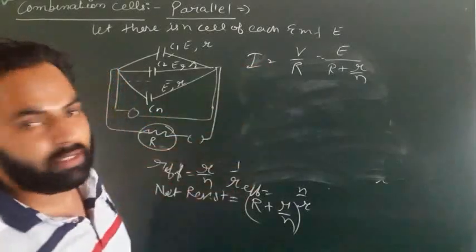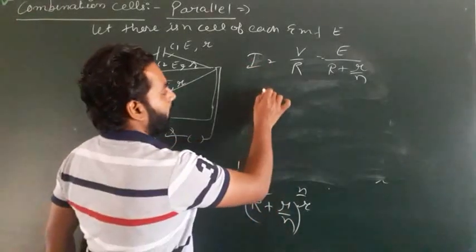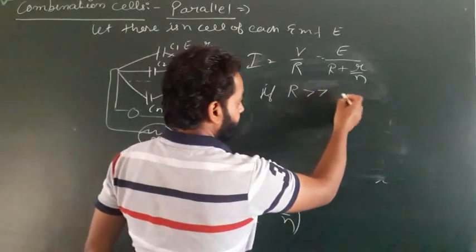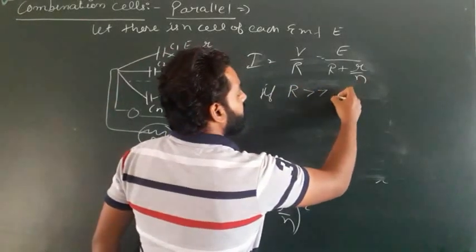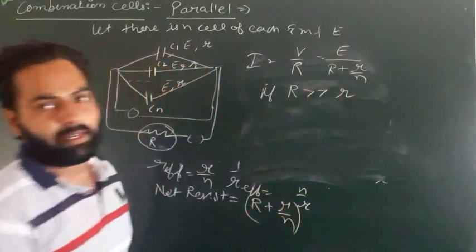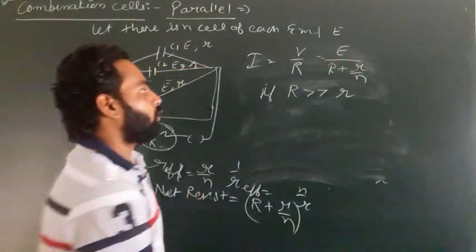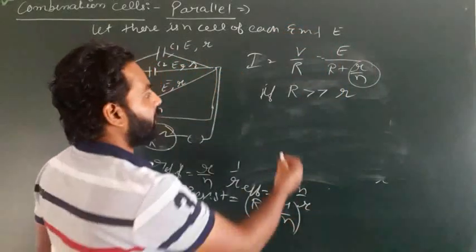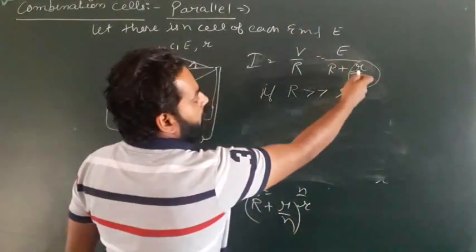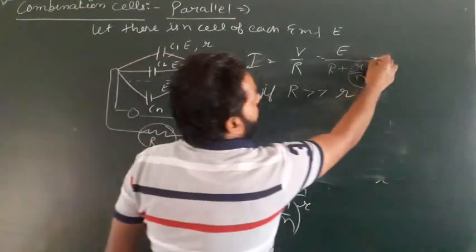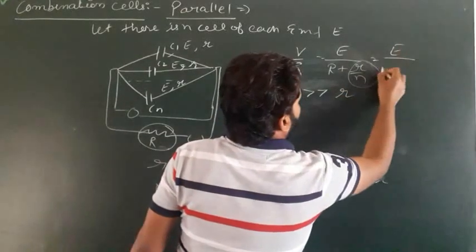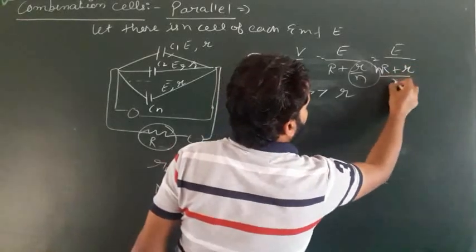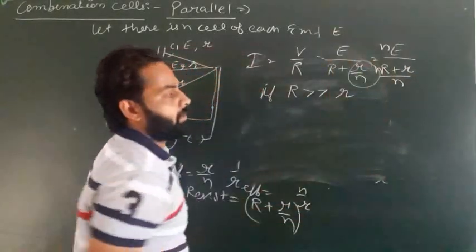Now there are again two cases. Case one: if R is greater than small r, this term is neglected. And again we take the LCM, that comes out to be E by (nR plus r) divided by n, and that n came upside.